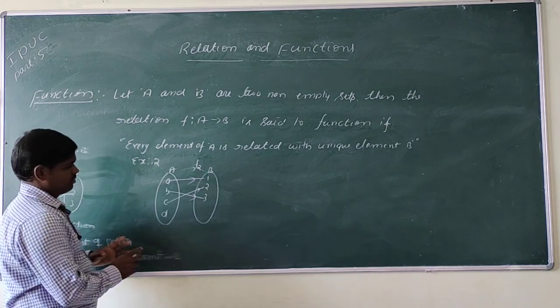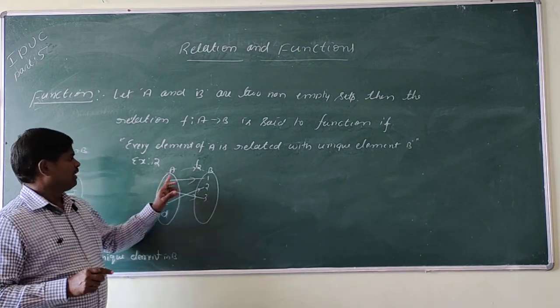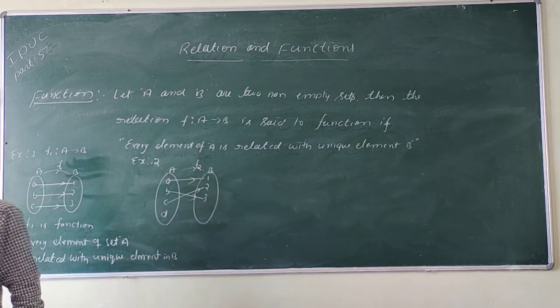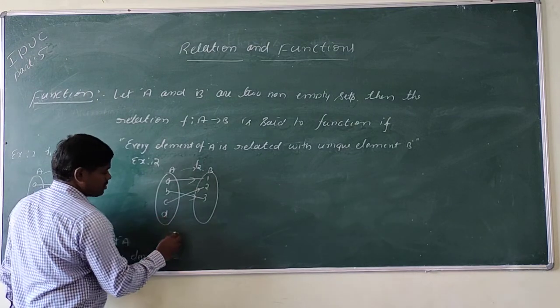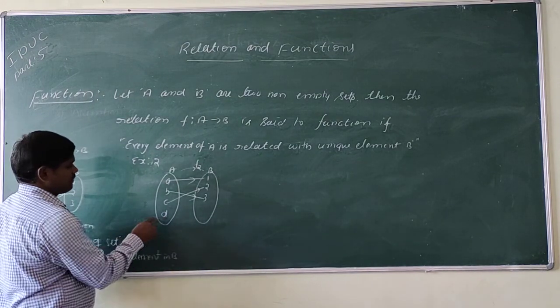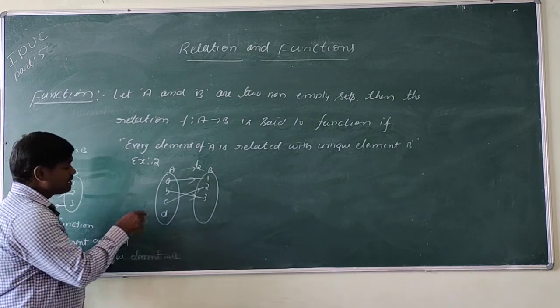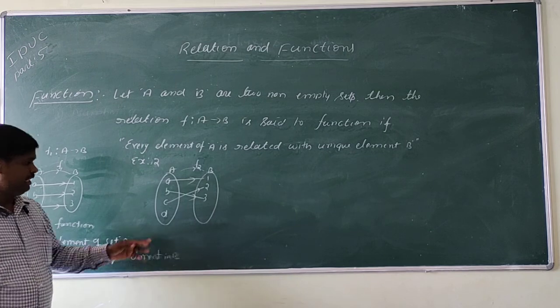Observe here. By the definition, every element is related with a unique element. But here D is an element of set A, and this element is not related with any element of set B. Is it clear?